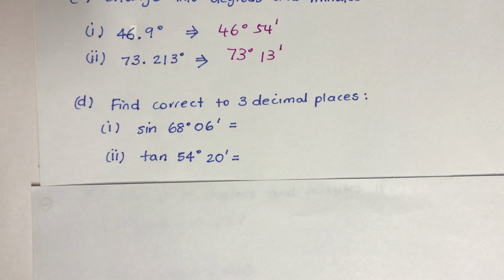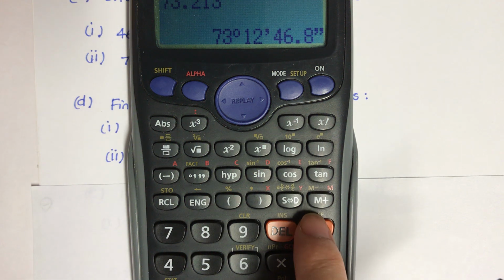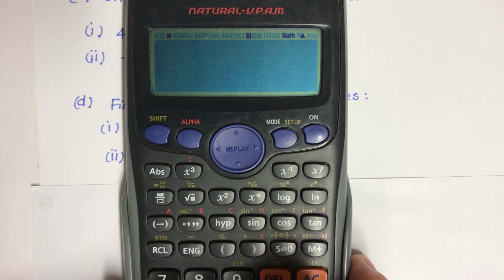Find correct to 3 decimal places. Okay, sine 68 degrees and 6 minutes. So I'm going to write that. Let's see if I can clear that up.